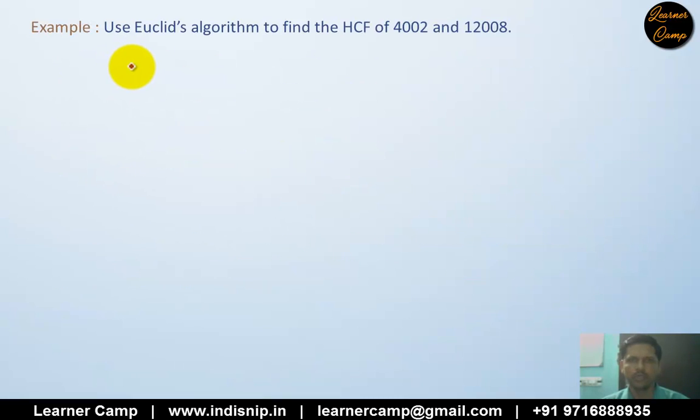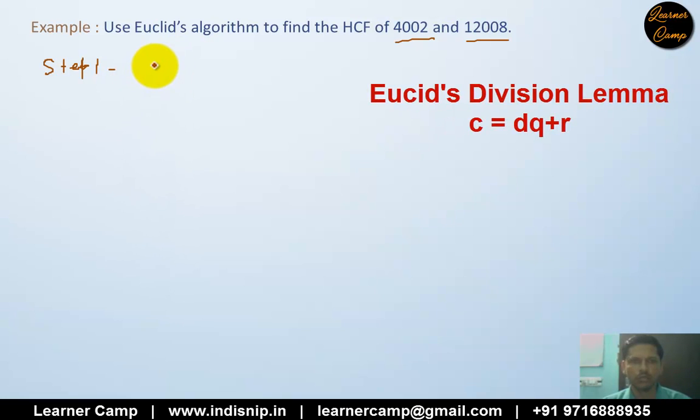Now let us find the HCF of two numbers 4002 and 12008. So the greater integer here is 12008. So step number 1 is use Euclid's division lemma to write it in the form C is equal to dq plus r.